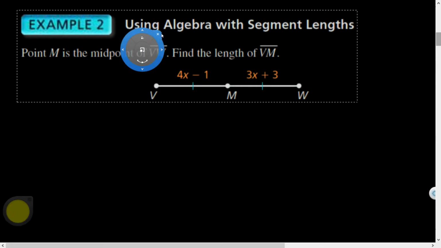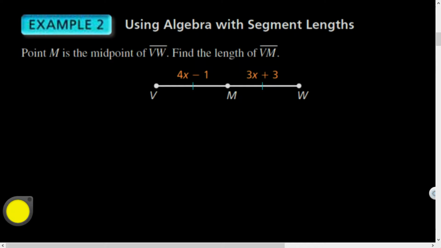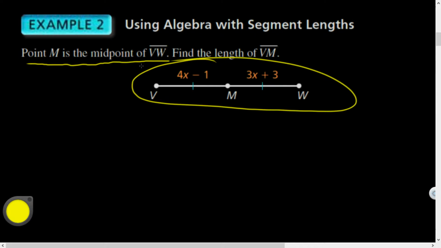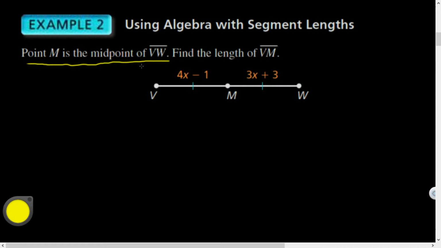Let's see, example dose. Point M is the midpoint of VW. Okay, all right, makes sense. Find the length of VM. Now, when you read a claim, it's good to either draw a sketch yourself or label the sketch yourself.